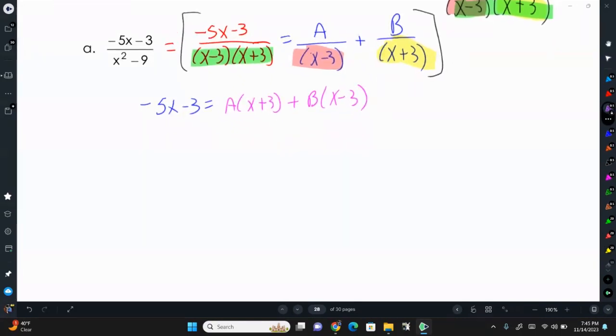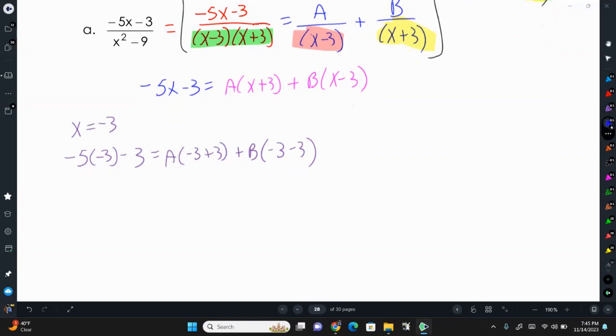So let's have x equals -3. So that will give us -5 times -3 minus 3 equals a times -3 plus 3 plus b times -3 minus 3.